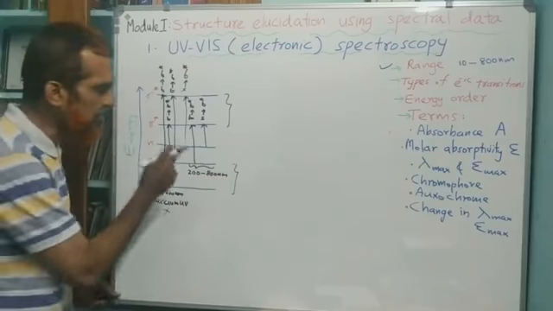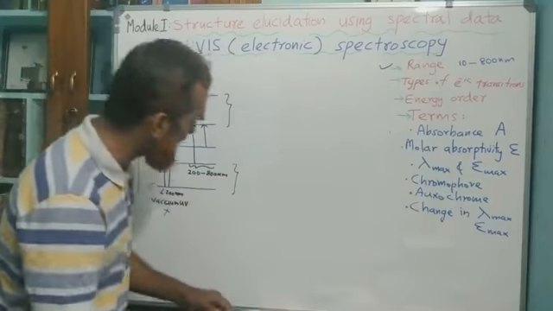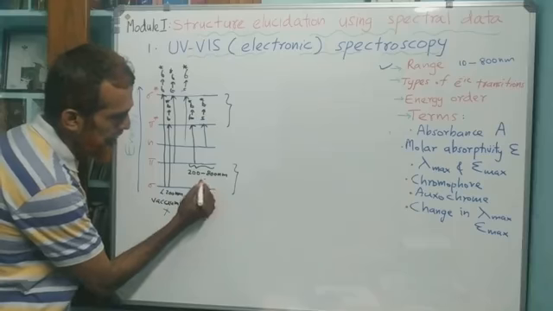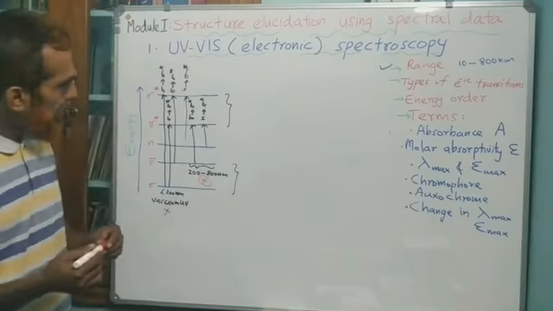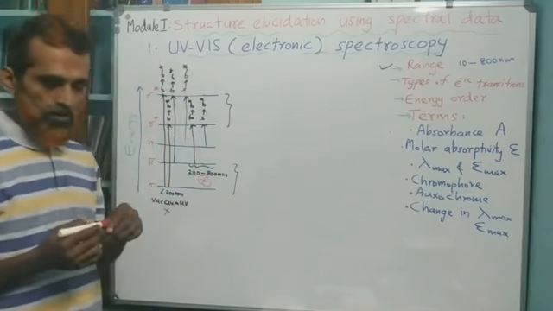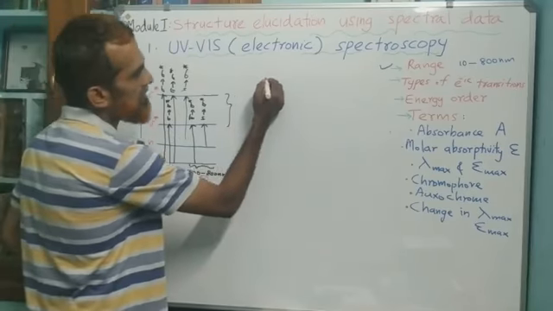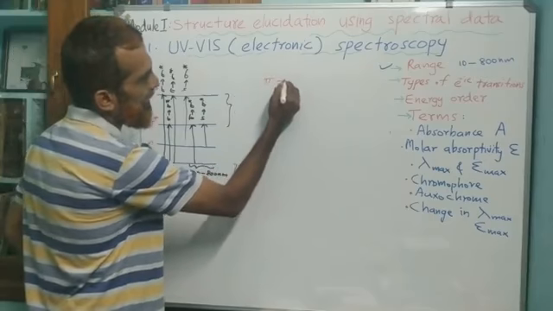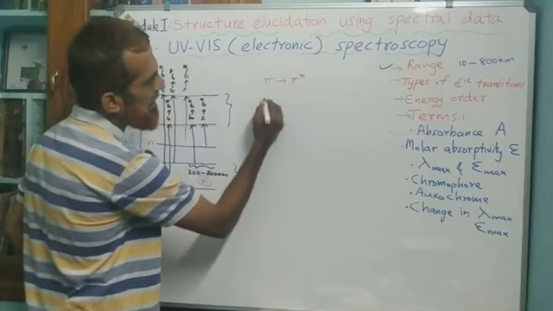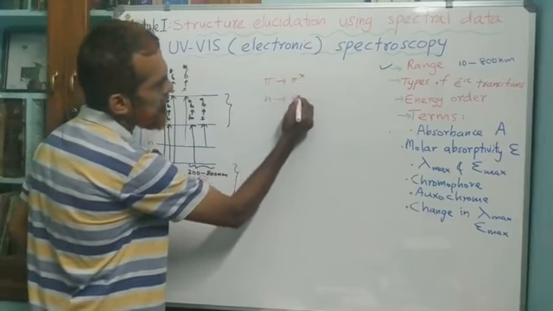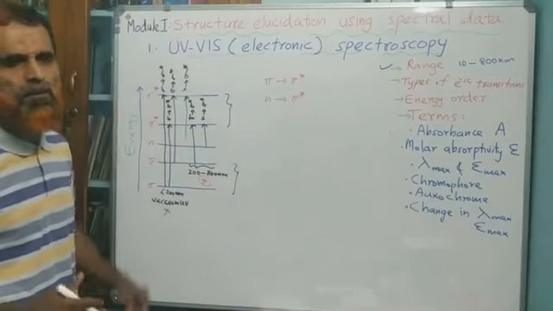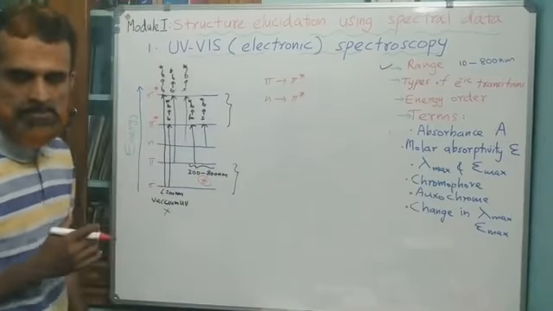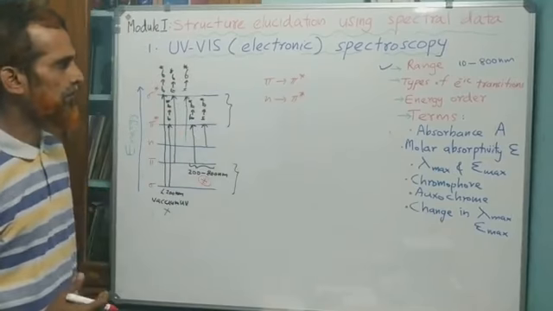So this is of importance or interest for spectroscopic analysts. And in this range we will be concerned mostly with pi to pi star and N to pi star. These two transitions are of maximum importance in studies. We will be referring to these transitions more in coming classes.